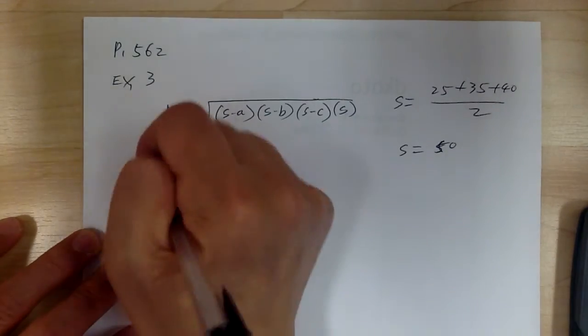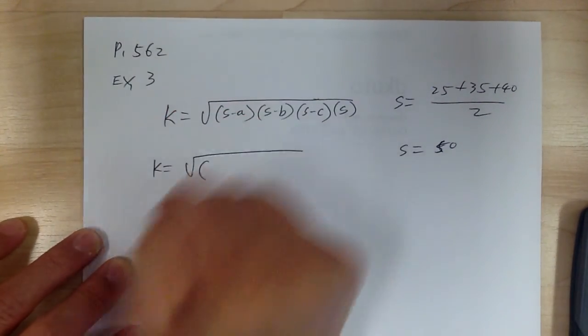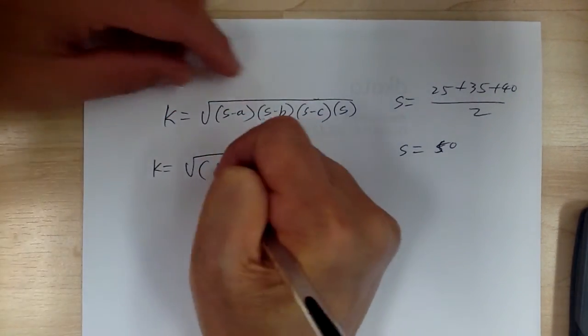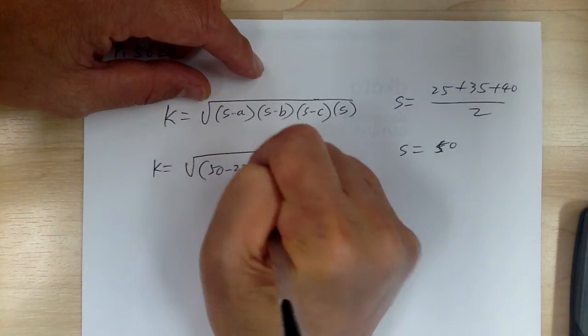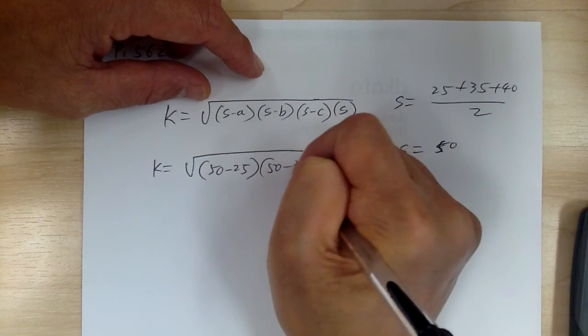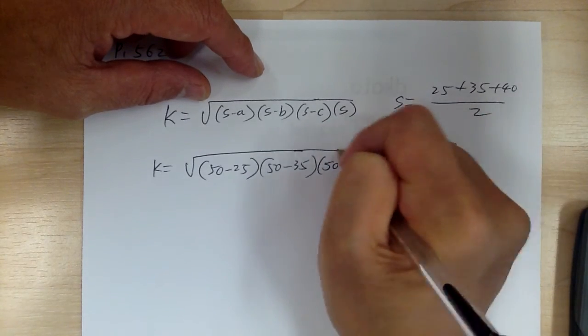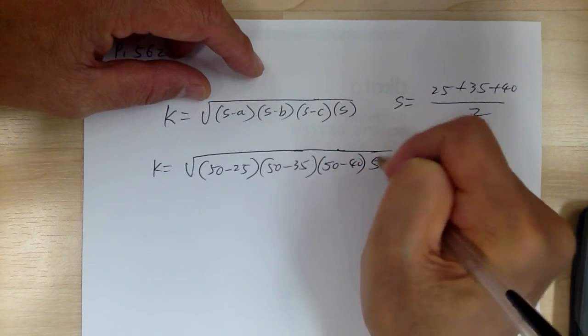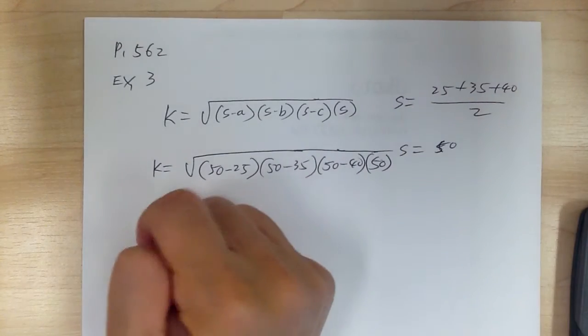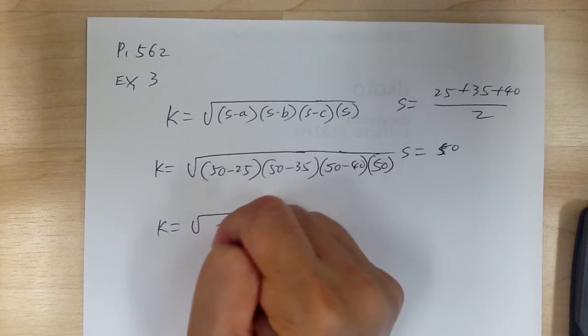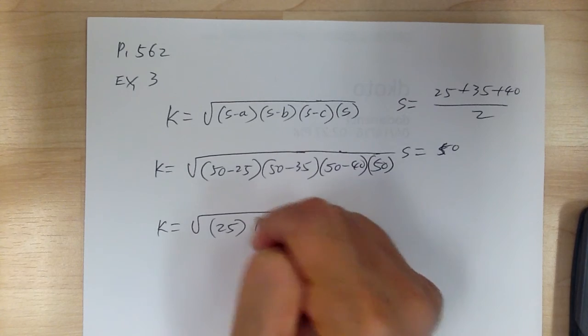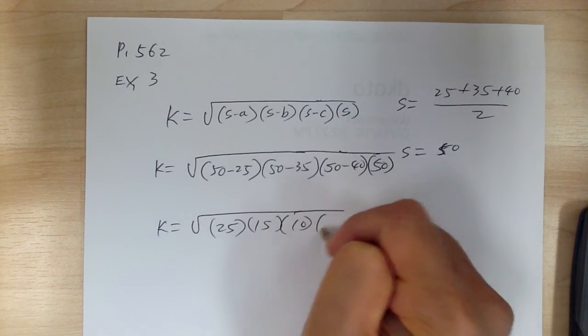Okay. So now you can go and do this. So you're going to get 50 minus 25, 50 minus 35, 50 minus 40, and then you get 50. So K equals 25, 15, 10, and 50.